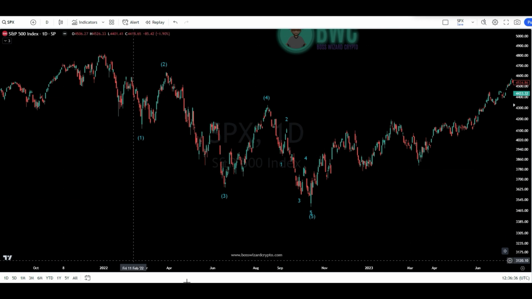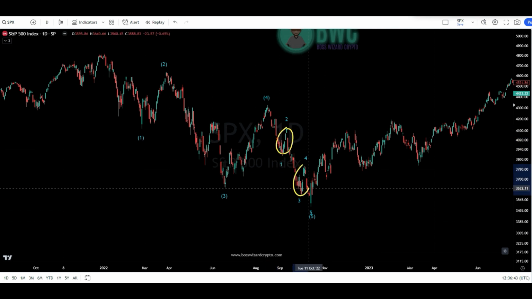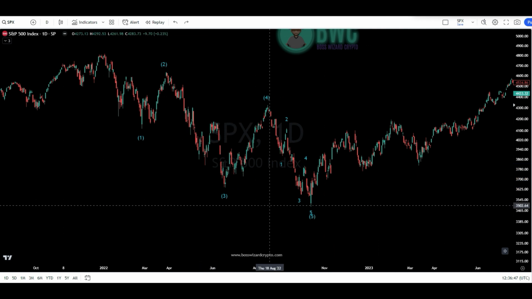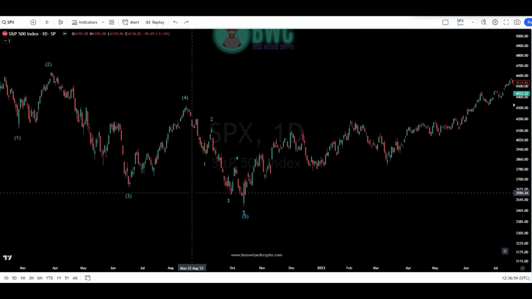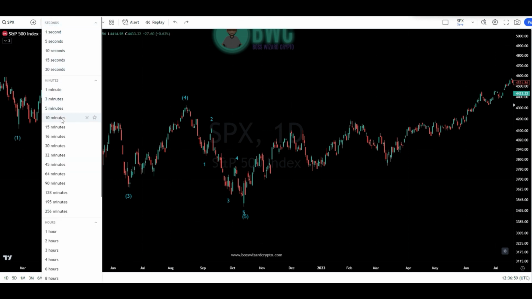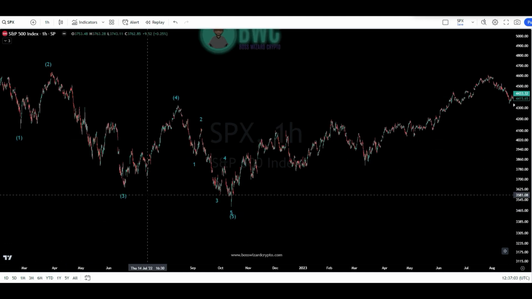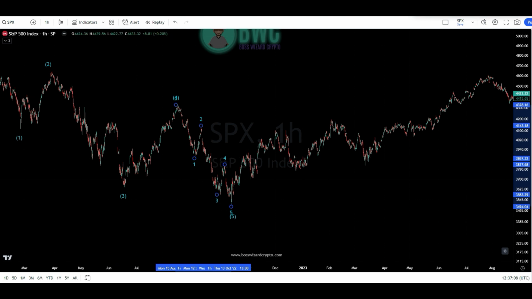Here's the problem with this. It's not invalid per se, but your 2 and your 4 lack alternation. They're both zigzags. Whereas if you can break this down in a different manner, and we go to a smaller time frame, say the hourly, now you can see 5 in here.